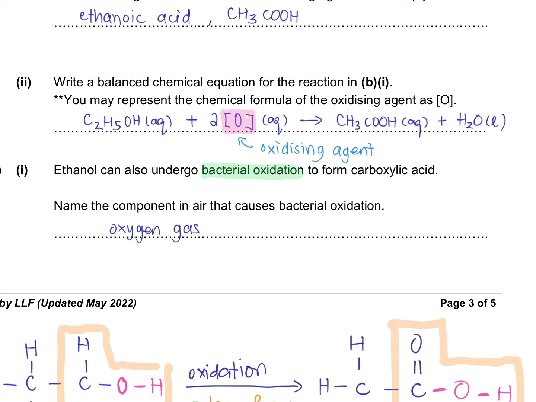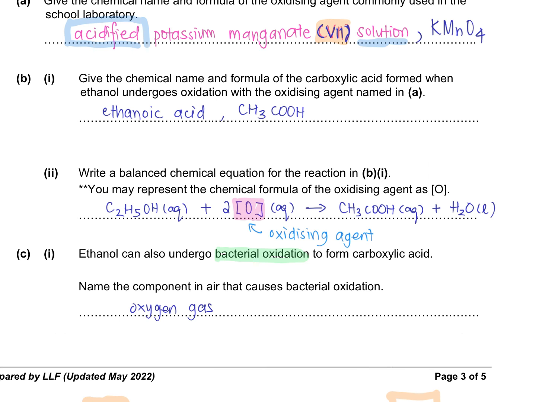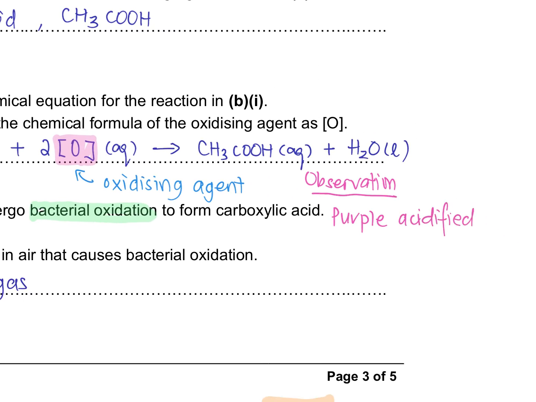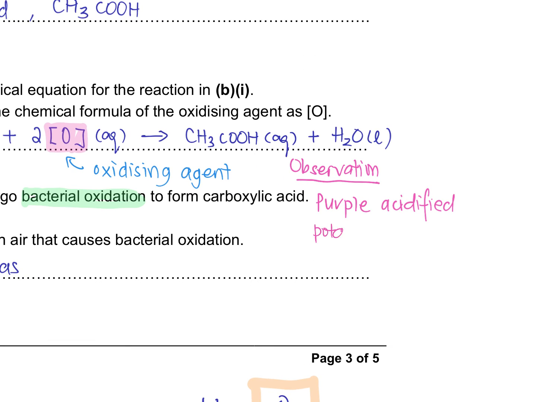Then you move on to your next page. So for observation, you just add it in. Your purple acidified potassium manganate solution will turn colorless.